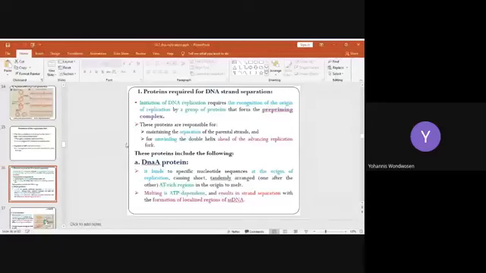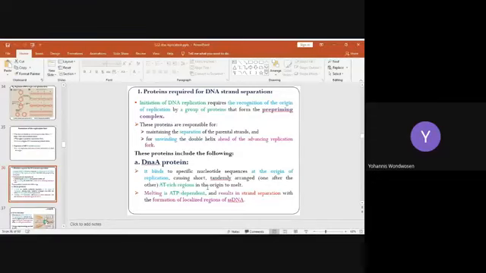So DNA A protein, as I told you before, can be used to indicate the origin of replication, the AT-rich regions, and DNA A protein is ATP dependent because after it identifies it can undergo this unwinding of the DNA strand in that region.